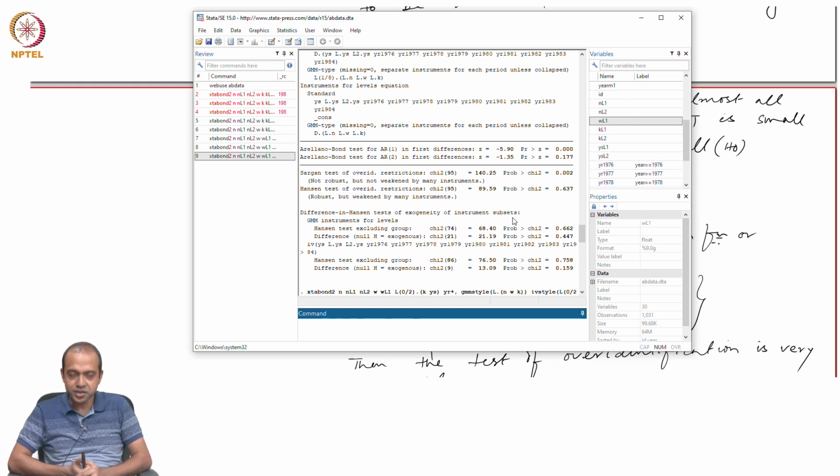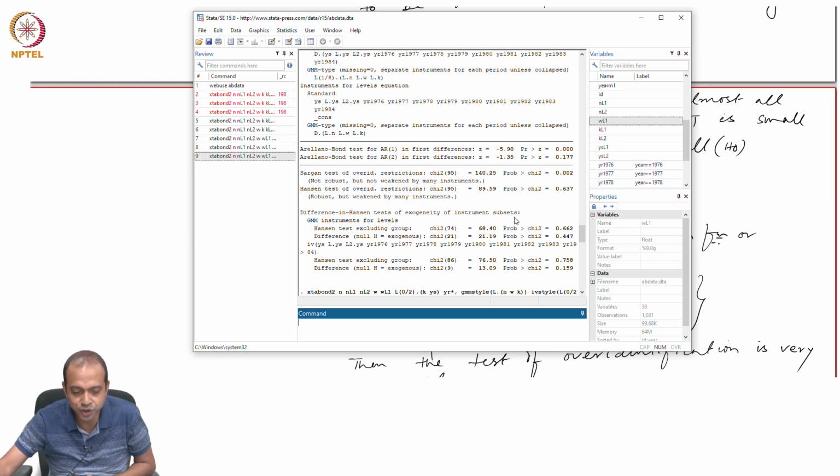So, with this we are closing our discussion today, and in our next class we will discuss some of these post estimation checkups, and also we will learn how to control the number of lags, because too many instruments and too many moment conditions are being used here, as we have no control. We have not specified the number of lags.